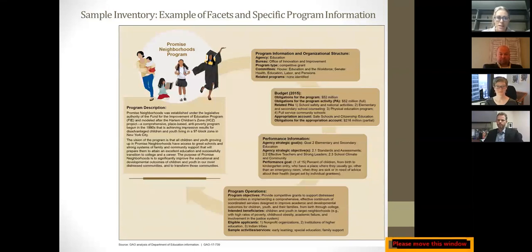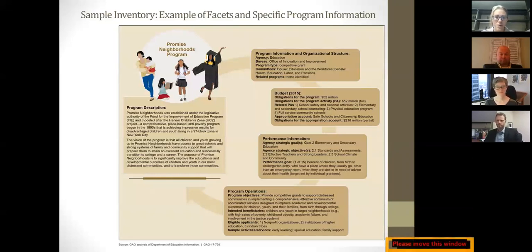If there's related programs, that's a piece of information that a number of clients felt would be important. There's also the budget information, so one could find historical funding information on a specific program. In addition, there's performance information, which Molly and Brian both referenced is required by GPRA, so that is a key piece of information to have.